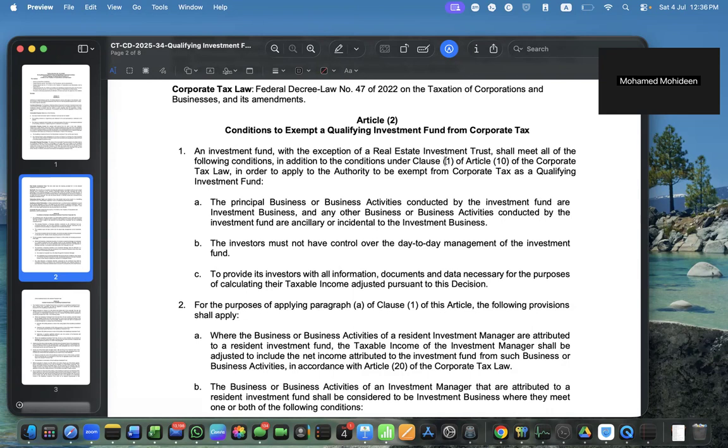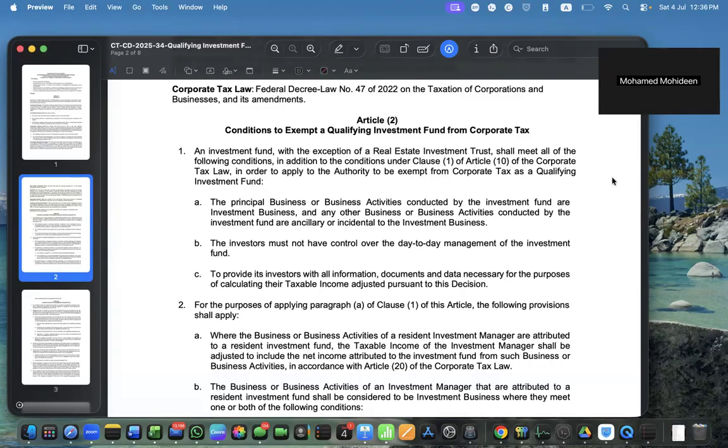Traded on a recognized stock exchange, and what was the other one? One was regulation, the other one was widely available. Regulated. Yeah, right. So in addition to these conditions, more conditions have been provided by this decision.